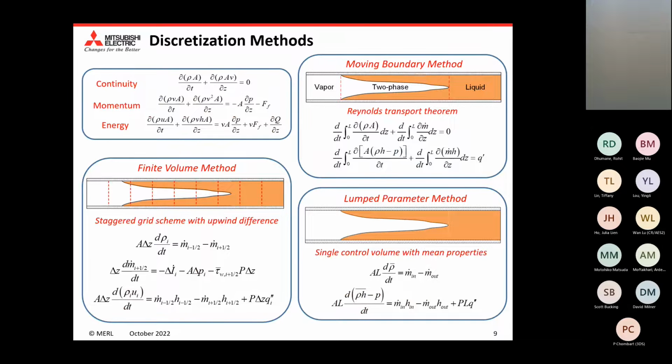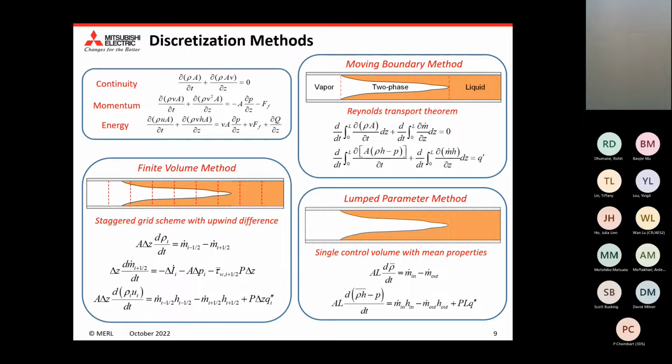Another way to simplify the model structure is that, for the conservation laws, we have different ways to discretize those equations. The moving boundary method is just one of those methods. In our lab, we have models with different complexities.